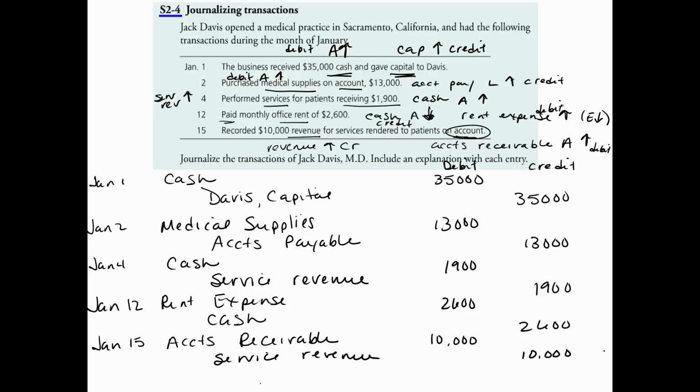So now I've done the first three steps. I've analyzed them, I figured out the debit or the credit, and I posted them to the journal. So that's what I've done in this one. I've recorded them in the journal, and I will post them to the ledger later. So I've identified the type of accounts, I figure out if it's going up or down, and I translate that into debit or credit, and then I record it in the journal. So that's what I've done here.